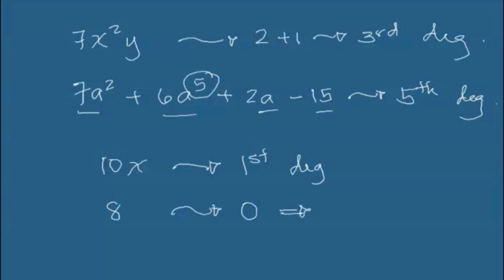Let us explain. 0, since 8 is equal to 8x raised to the 0. We know that any base raised to the 0 power is equal to 1. So 8 times 1 is equal to 8. So the degree of a constant is 0.